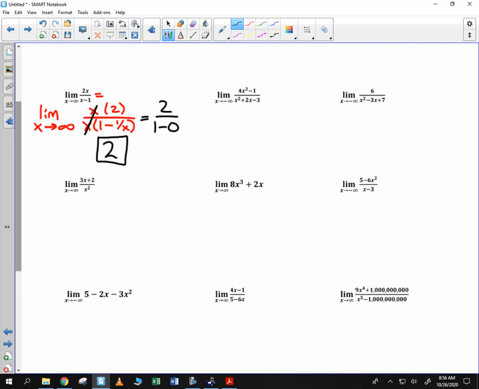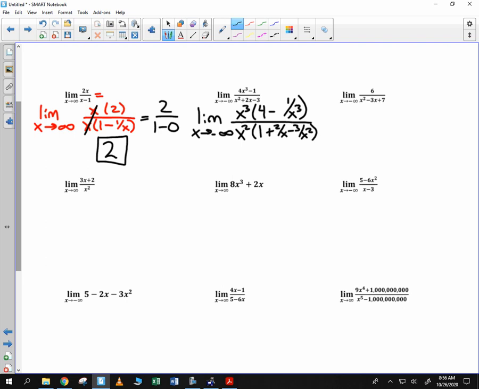In the next one, the limit as x goes towards negative infinity of x cubed times 4 minus 1 over x cubed. In the denominator, I factor out an x squared. And you have 1 plus 2 over x minus 3 over x squared.